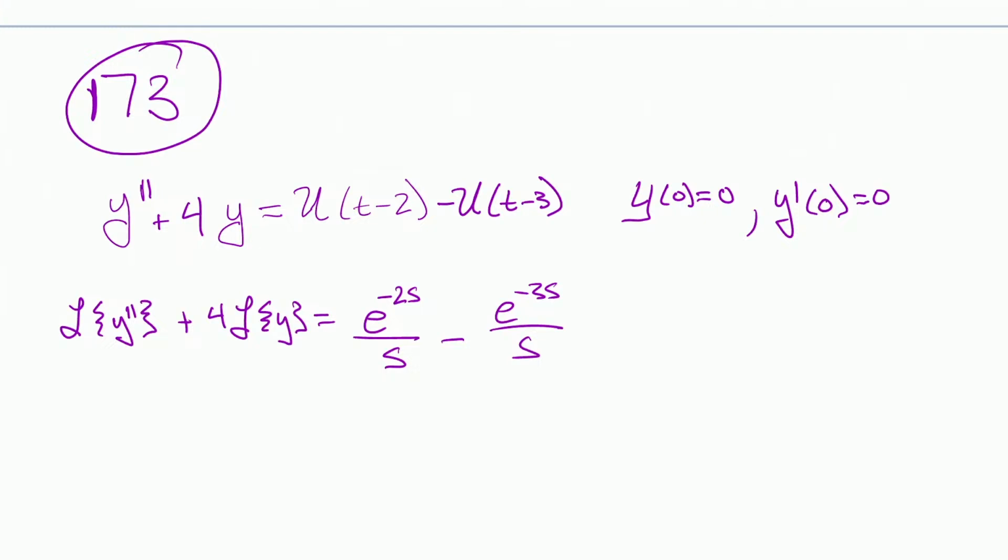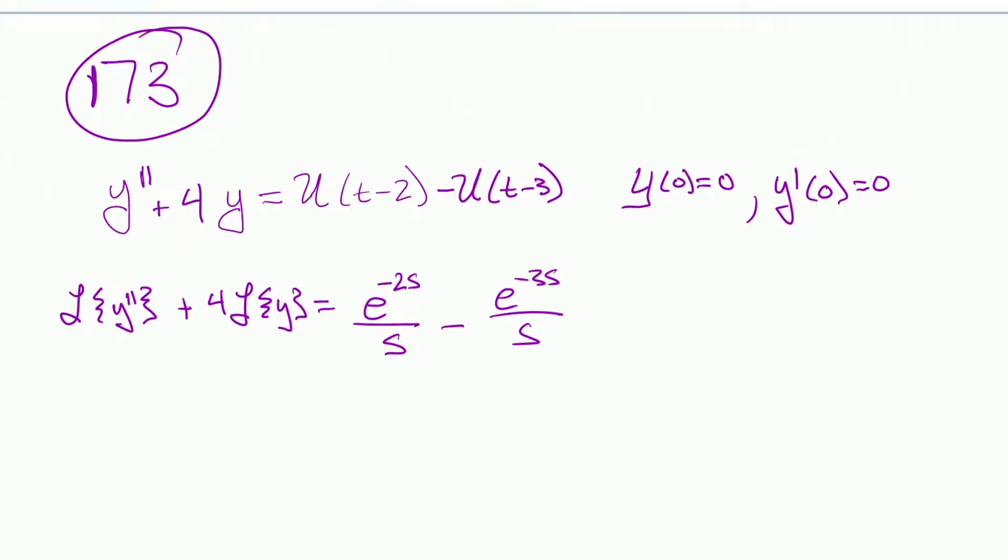So here we are. Let's go ahead and see if we can apply this to this thing. So you have s squared times capital Y of s. The capital Y is the Laplace transform of y, so we're just using capital Y as a stand-in so I don't have to write Laplace transform over and over again.